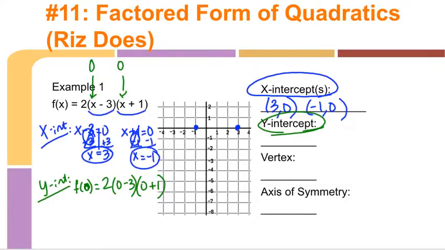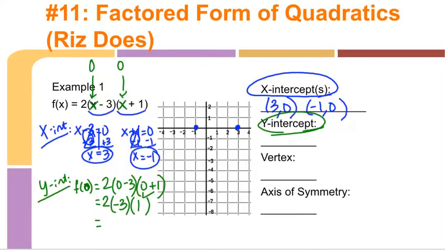All I did was instead of these x's, I wrote 0. Okay, so now I write 2, and I do the operations in my parentheses. 0 minus 3 makes negative 3, 0 plus 1 makes positive 1.